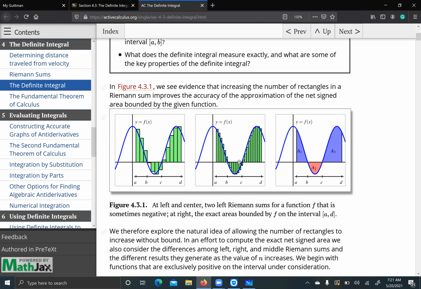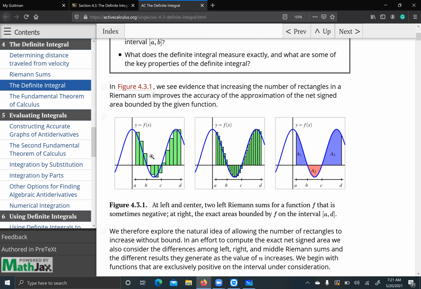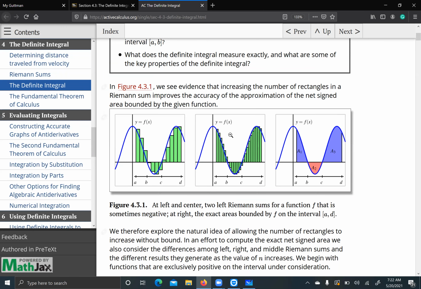Because now we have less error. All of them, either the figure on the left or the figure in the middle, are for estimating the area that is highlighted in the figure on the right side, which we denoted by A1, A2, A3.